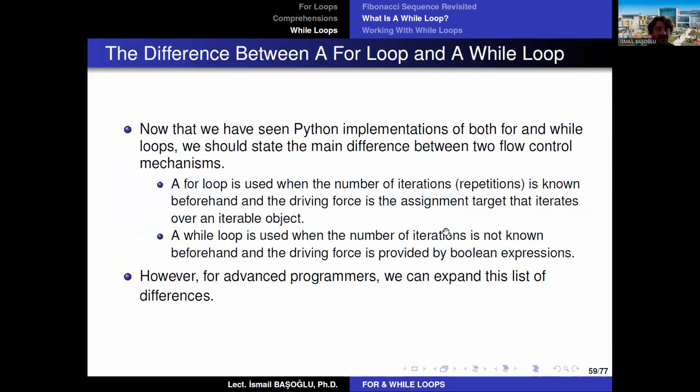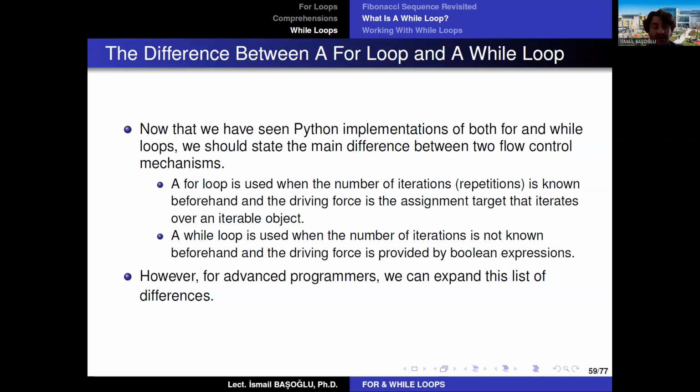The difference here is this: in a while loop mechanism, we do not exactly know how many times the while code block will be repeated. Therefore, it is not deterministic. The driving force is a Boolean expression, and we do not know exactly at which repetition the Boolean expression will be satisfied or dissatisfied. These are the two main differences between for and while loops.